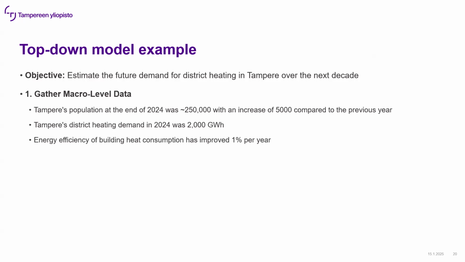And remember the new novel heat storage in Helsinki or Vantaa, Kuusikonmäki, I think is what it was, the place under Kehä Kolme. It's going to be close to 100 gigawatt hours. So it's massive. Energy efficiency of building heat consumption has improved 1% per year.